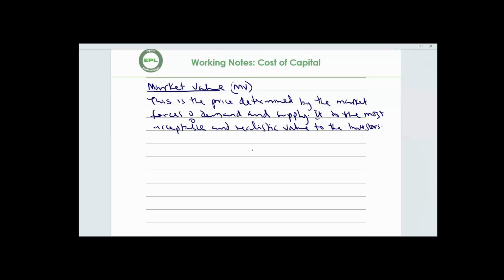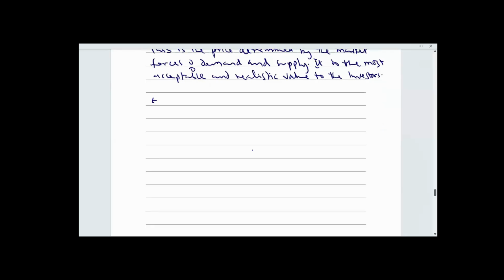Then, how do you estimate market value? So let me show you. Estimating market value. Okay. So market value of equity, denoted as E, can be calculated as number of ordinary shares multiplied by X dividend share price.